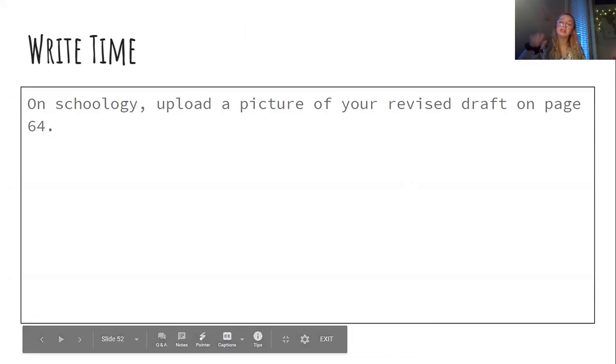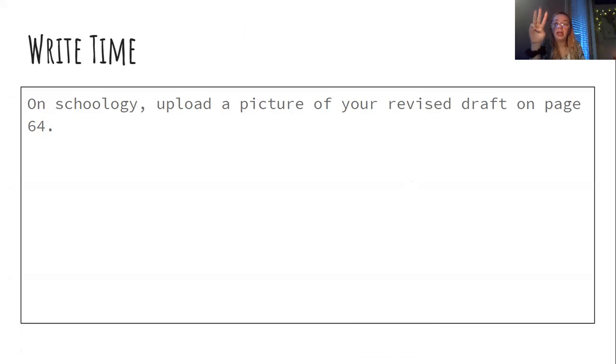So I should be able to see your beginning, your middle, and your end. And it's okay if it looks a little messy. This is just our draft, and I know that you might have changed some things. So just upload a picture, and I will be excited to see everybody's hard work and excited to read what you wrote.